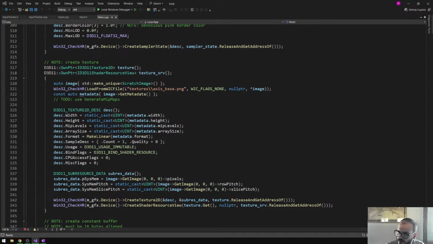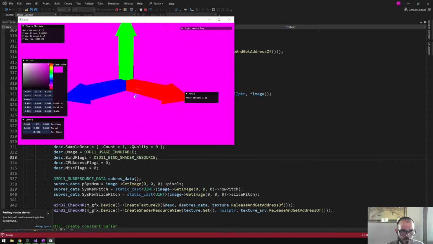The L sometimes gets messed up a bit. Let's push. Let's do it again. Okay, very interesting.